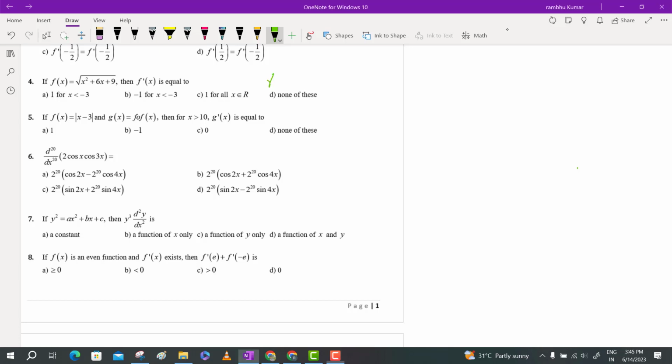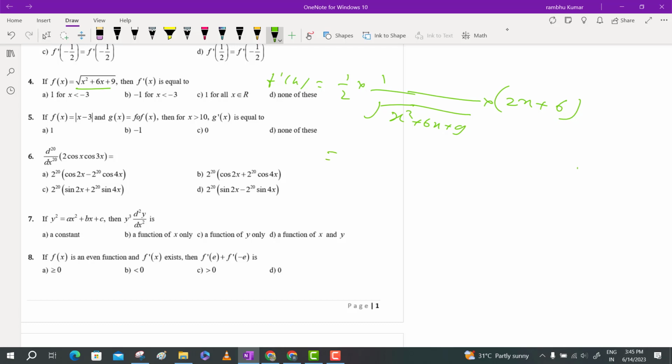Now f dash x: first differentiate the root function, which is 1 by 2 into 1 by root under x square plus 6x plus 9. And then the differentiation of x square plus 6x plus 9 is 2x plus 6.